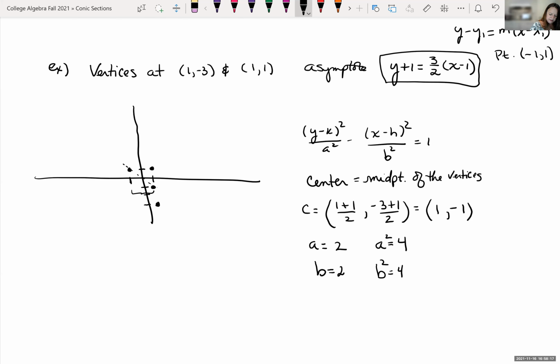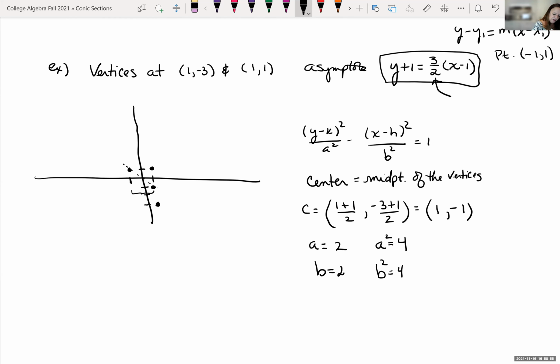And I think I might have made a mistake. I'm not sure if those are vertices of my transverse axis, or maybe they're vertices of my conjugate axis. Would that change things? It still would be the midpoint. This is what's getting me. This slope is 3/2, so it's like I'm rising 3 and running over 2.